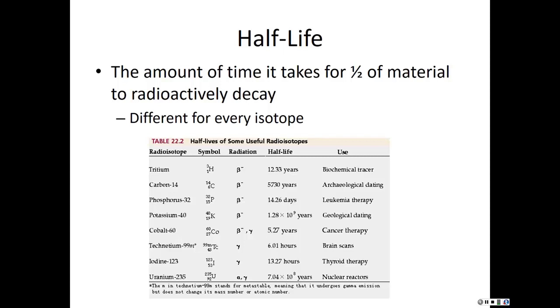For example, technetium, which is used in medical applications, has a half-life of 6 hours. So if a doctor wants to use it, he has to call and have the technetium sent to him per use. He can't just keep it in a stockroom because over a day, a lot of your material has decayed away to unuseful stuff. On the other hand, uranium-235 has a half-life of 7 times 10 to the 8th years.